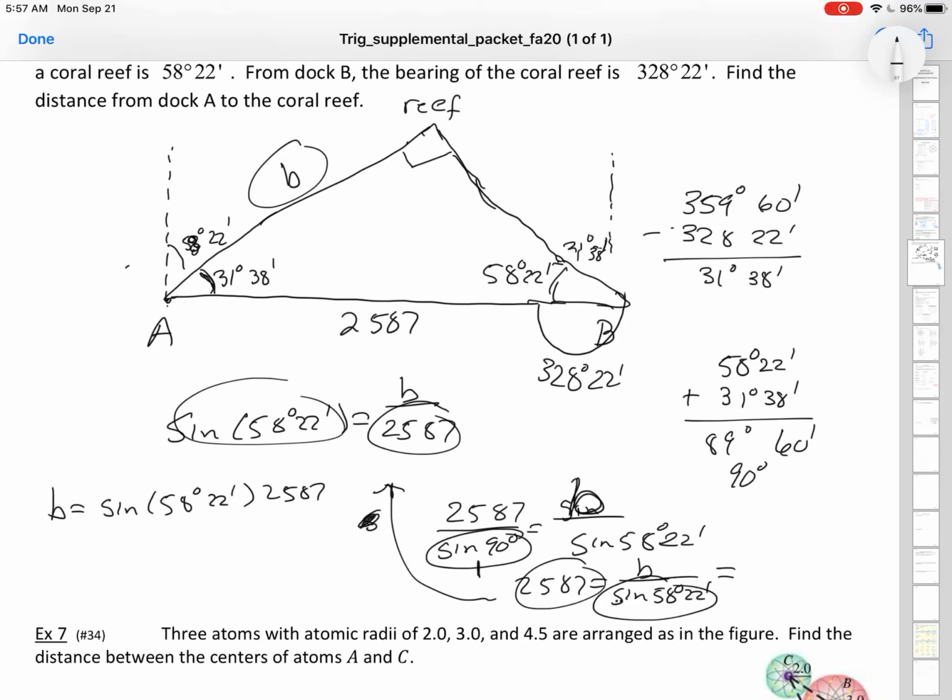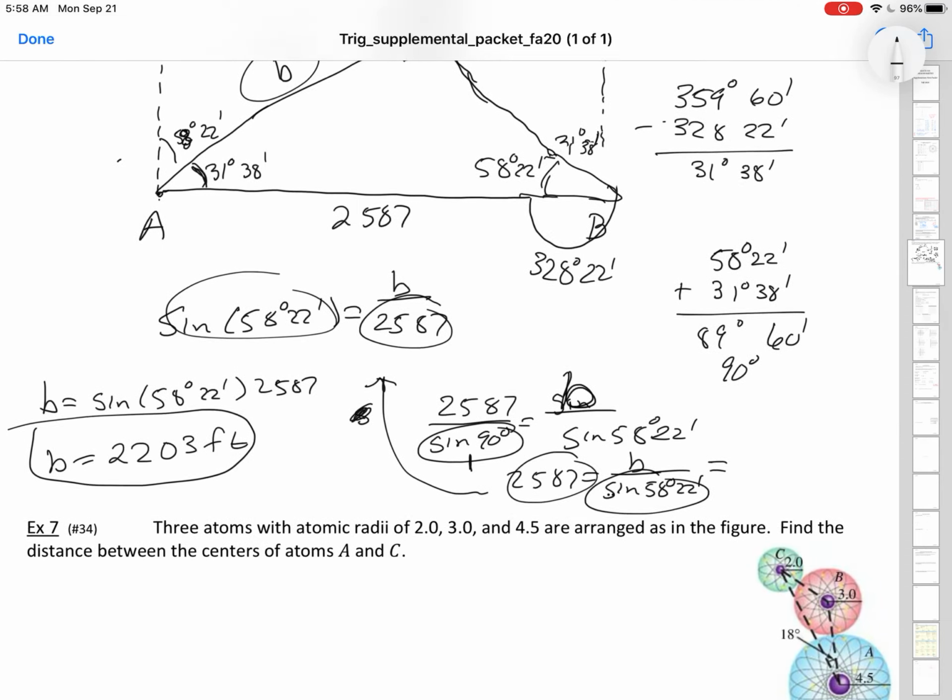Sine of 58 plus 22 divided by 60 times 2587 is equal to a length of 2202.6, so we'll do 2203. And everything was in feet. Now we know our distance from coral reef to A.